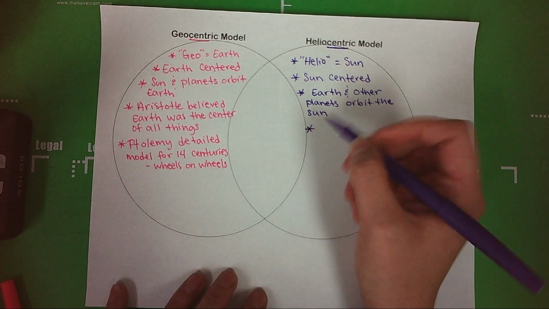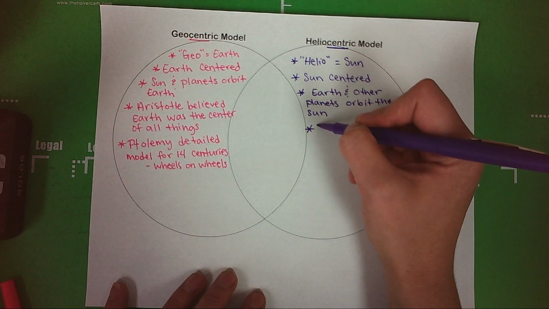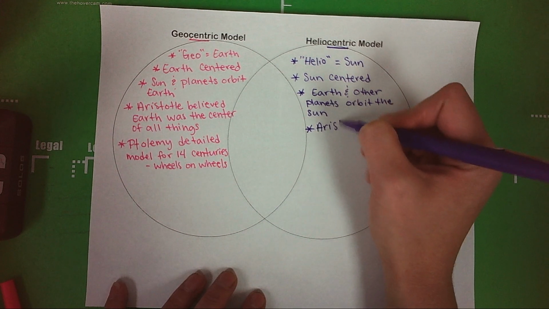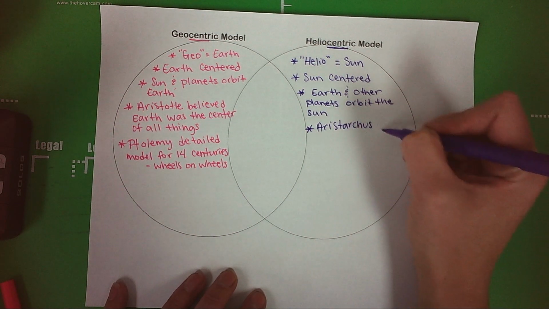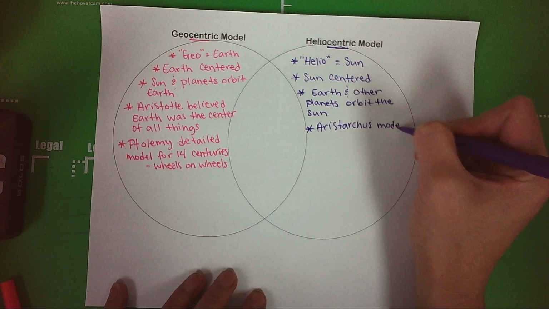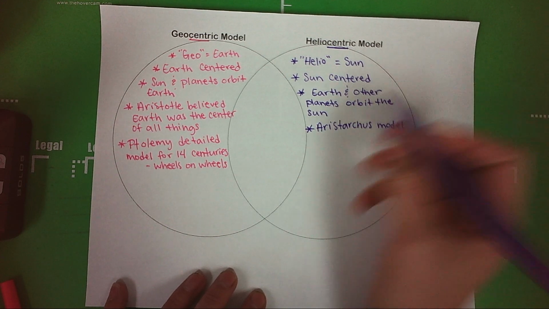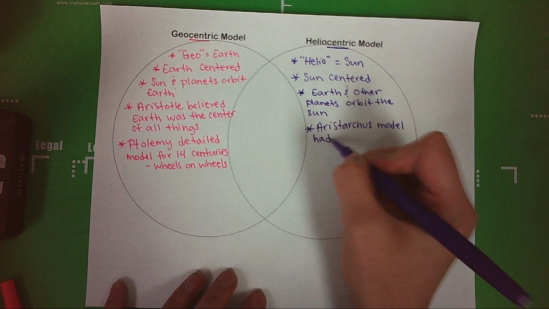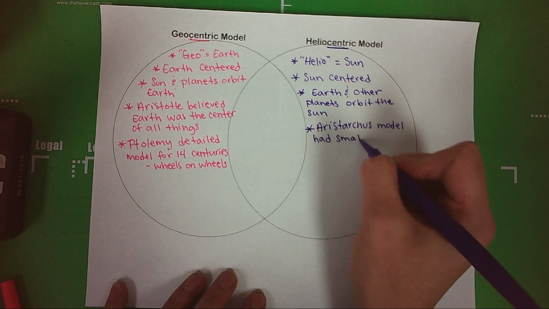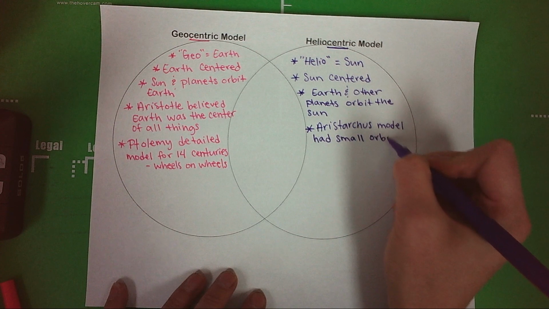Okay, and again going into scientists. So Aristarchus, he made a model that had really small orbits. Had small orbits.